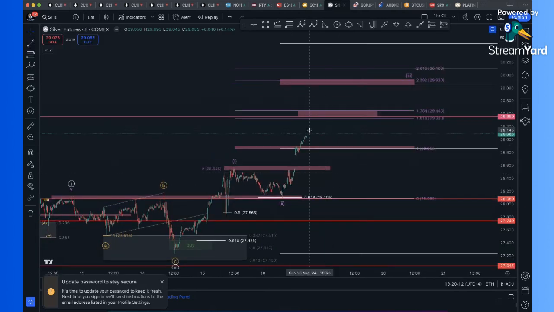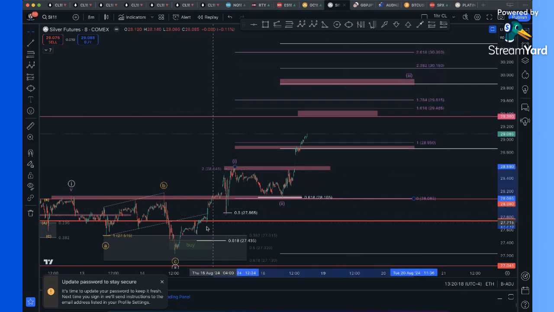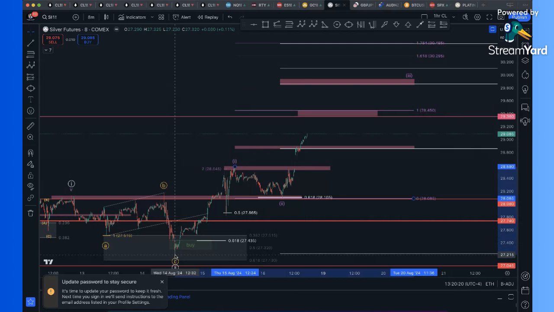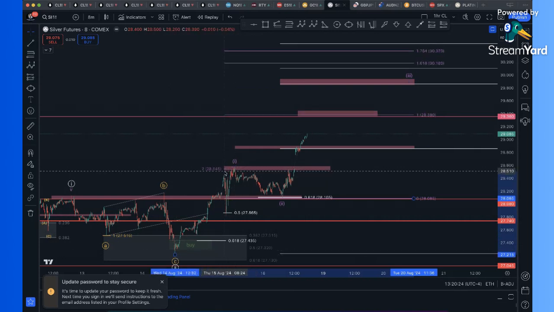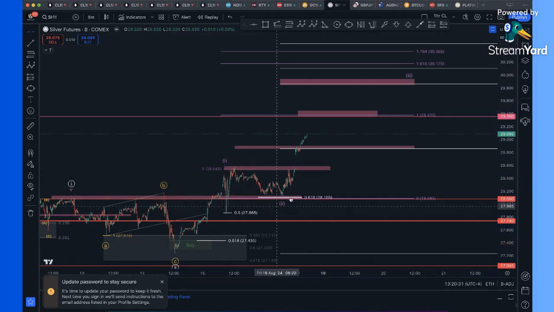If it keeps going right on through that, that's going to support the idea that this measurement, with the one down here, and this is actually the one here, like this, and then this is the two where I had it.